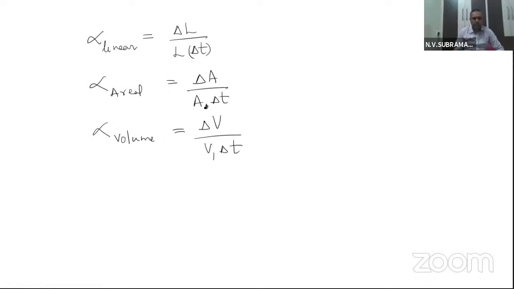So these are the formulae we use for the linear, areal, and volume expansion coefficients. And we told you that alpha areal will be 2 times alpha linear. Similarly, alpha volume will be 3 times the linear coefficient. This is what we told you already, right or not?